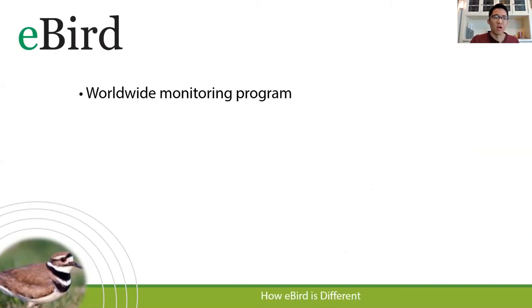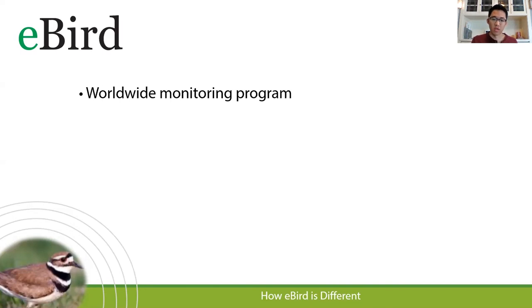All right, so eBird is different from all the programs I talked about earlier for several reasons. The first one is that it is a worldwide monitoring program, an online tool to submit your bird checklist to.